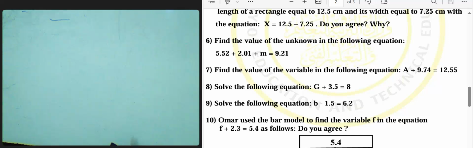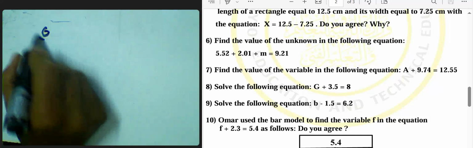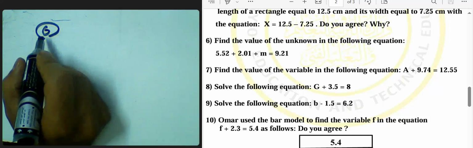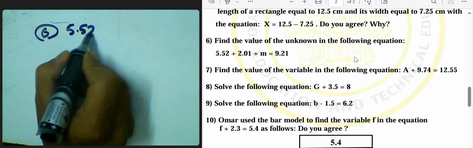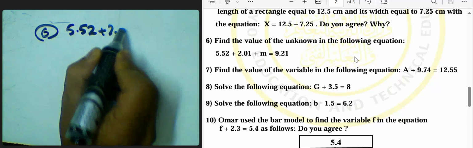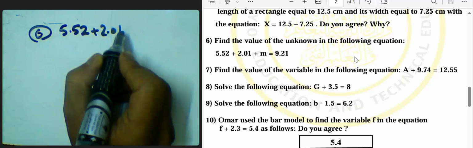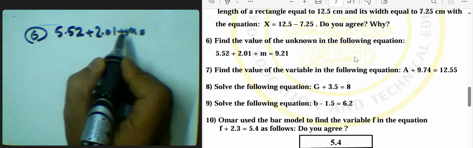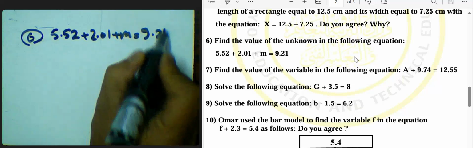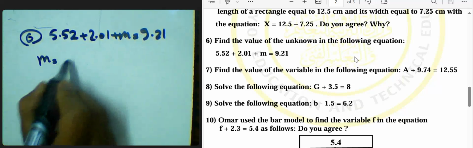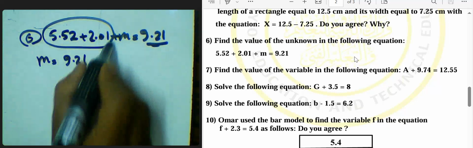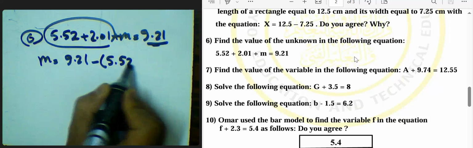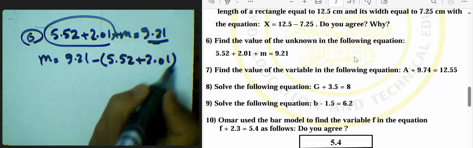Next question, 6. Find the value of unknown here. عشان نجيب الفاليو الأنون 5.52 plus 2.01 plus m equal 9.21. هنا عشان اجيب الفاليو الام باخد ال 9.21 ده subtract by sum of two numbers 5.52 plus 2.01.